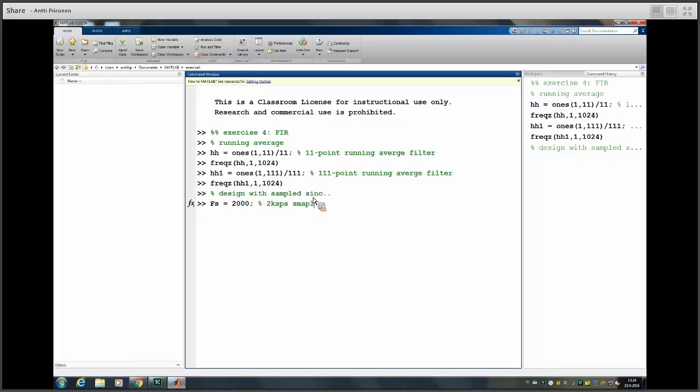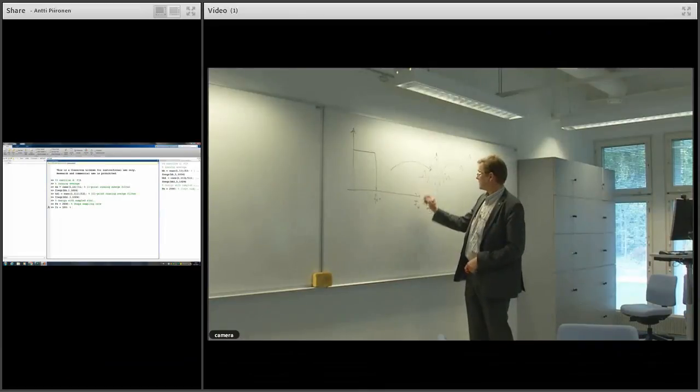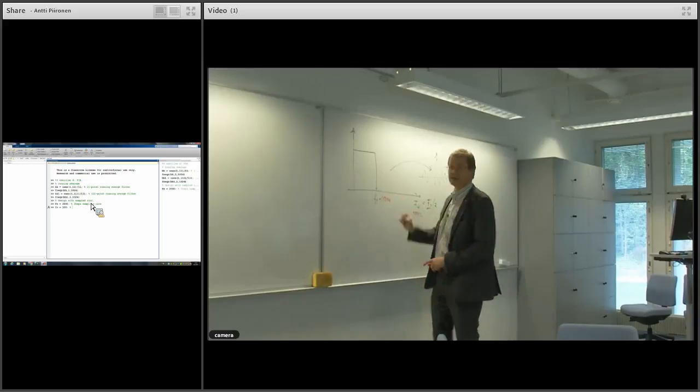Then the cutoff frequency, just for curiosity, 100 Hertz. In this one, the Nyquist frequency would be 500 Hertz and the cutoff frequency 100 Hertz for this example.